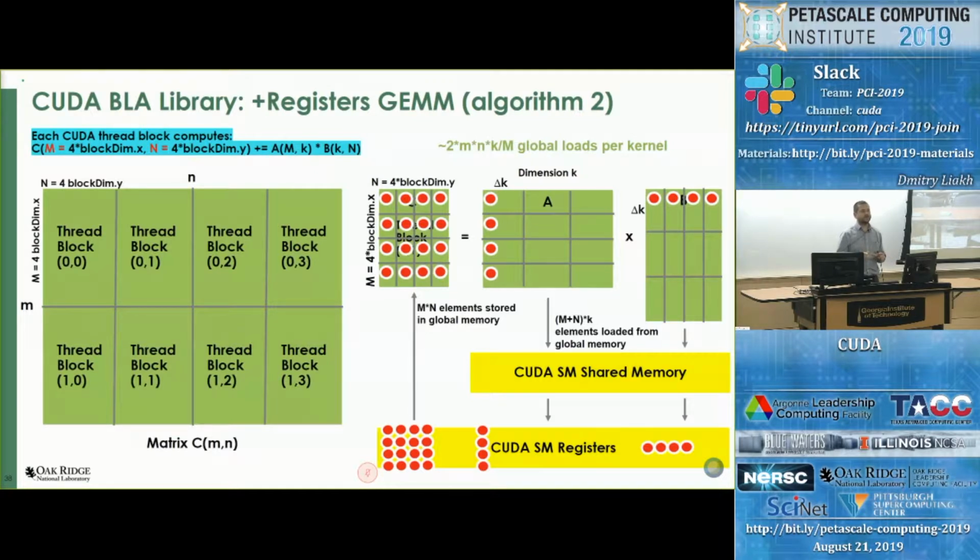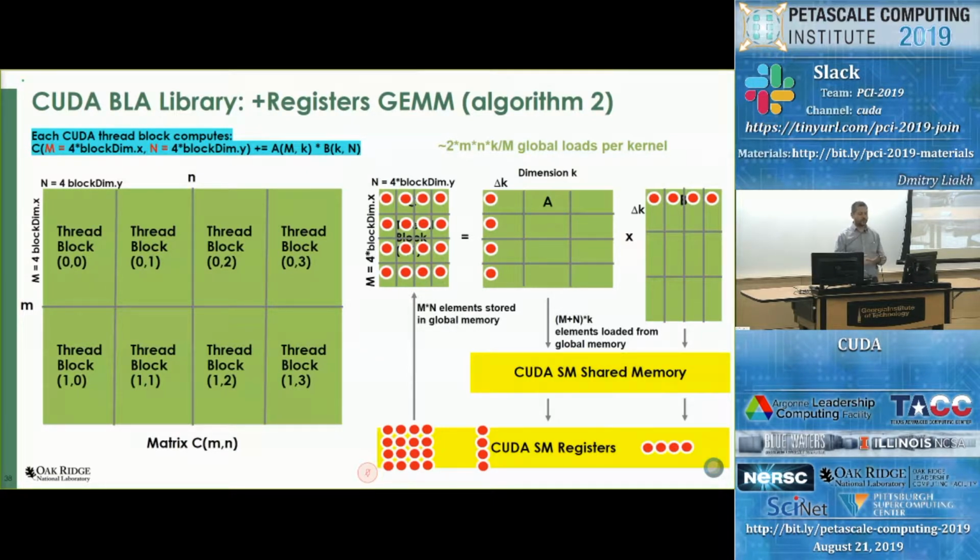However, we need to note that before we had a tile of C of dimension 16 by 16, and we also had 16 by 16 threads within the thread block computing that tile, which means that each thread was computing exactly one element. And that's where the problem was: the number of compute operations performed by each thread was the same order as the number of loads from shared memory, which is bad. Now we compute this 64 by 64 tile still using 16 by 16 threads.